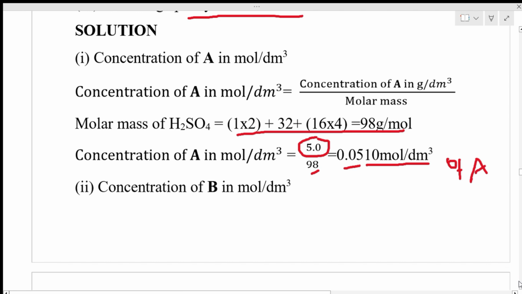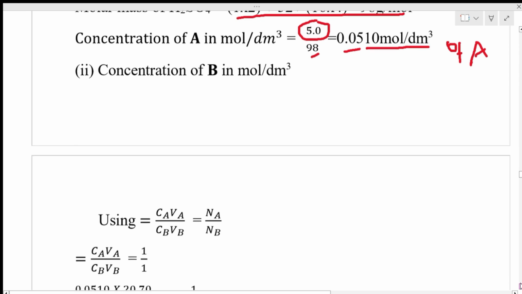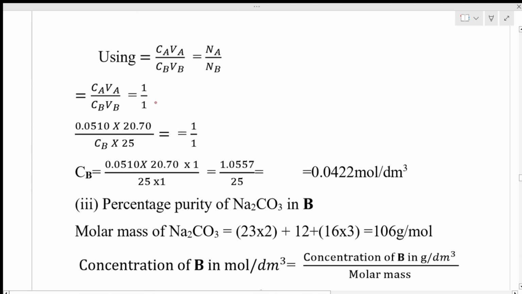Now for the base, you're going to use CAVA because you already have your A in mole per dm³. In using CAVA, you have this as our equation, 1 mark. This is also 1 mark, correct substitution 1 mark, subject of formula also 1 mark. Final answer is also 1 mark: 0.0422 mole per dm³ of B.